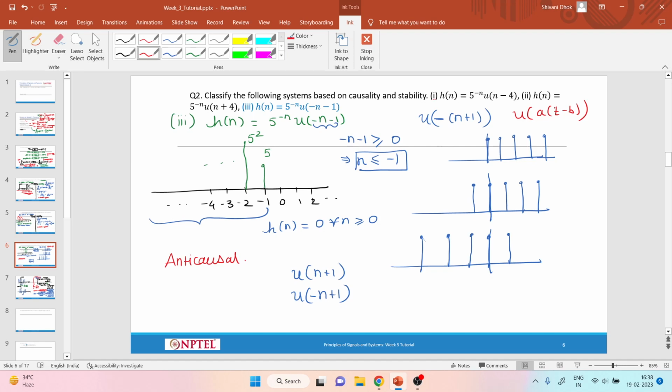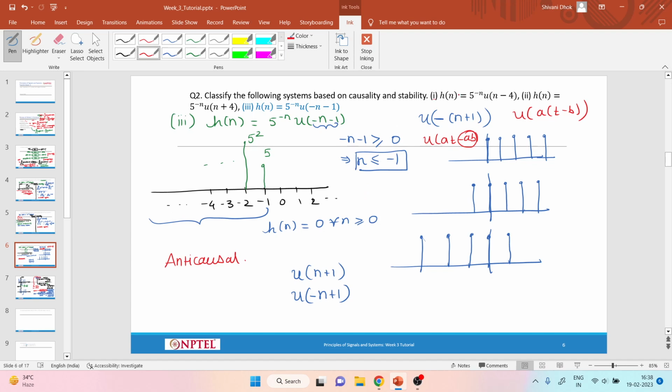For me, what was easier was to simplify it in this form, u of at minus ab. What I used to do was first handle the shift, and after shifting, scale by this factor a.